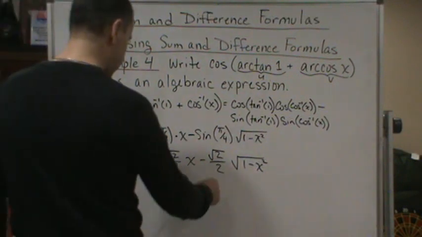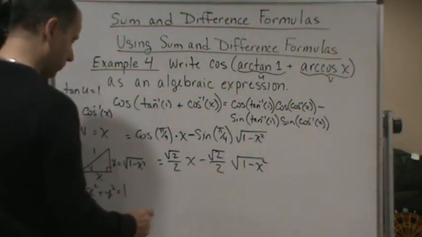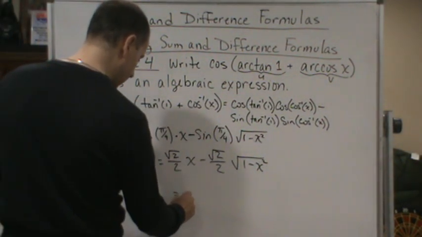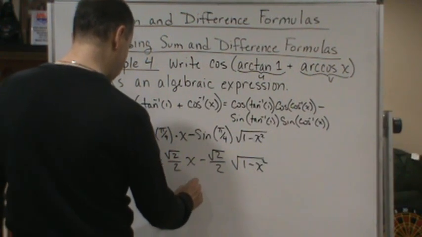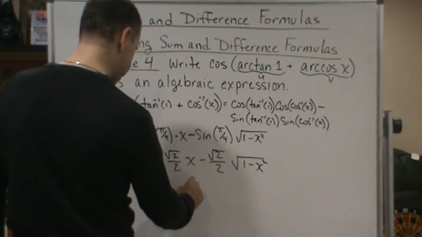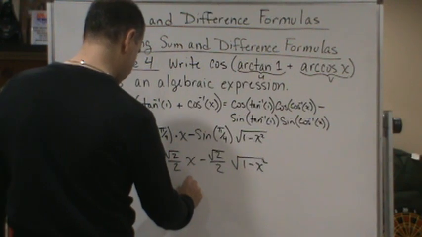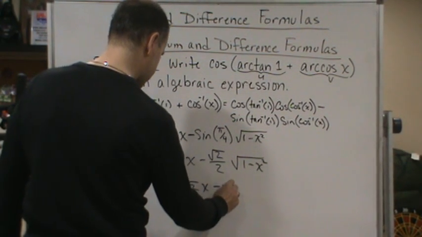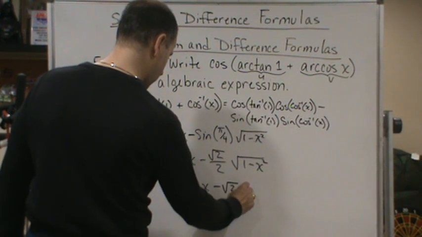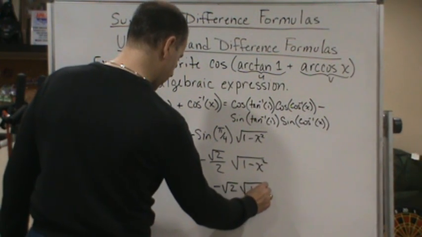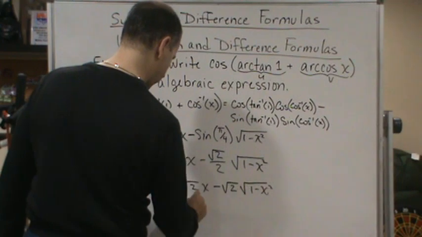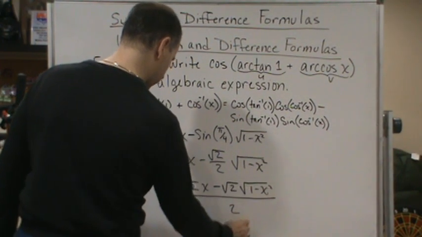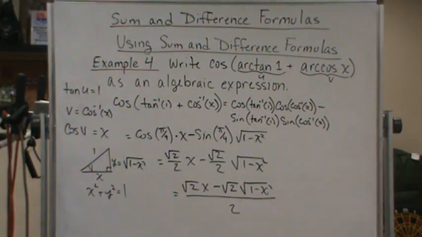And so now what we can do is combine these, and we get the square root of 2 times x minus the square root of 2 times the square root of 1 minus x squared, all over 2.